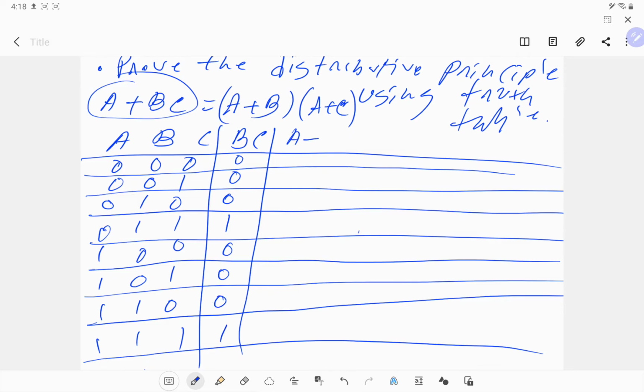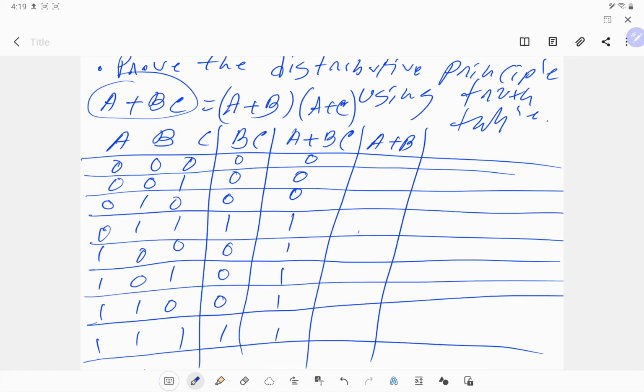A plus BC: 0, 0, 0, 1, then 1, 1, 1, 1. Okay, we got the left hand expression. Now we want to find the right hand expression, and first we find A plus B, then we find A plus C, then we find A plus B times A plus C.